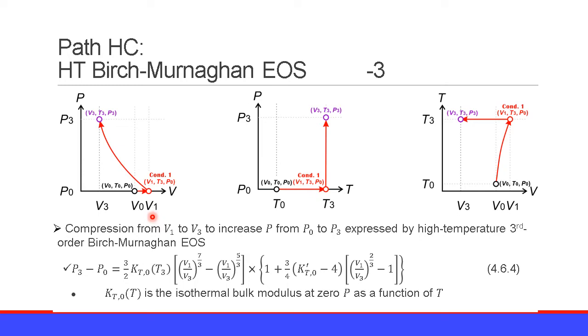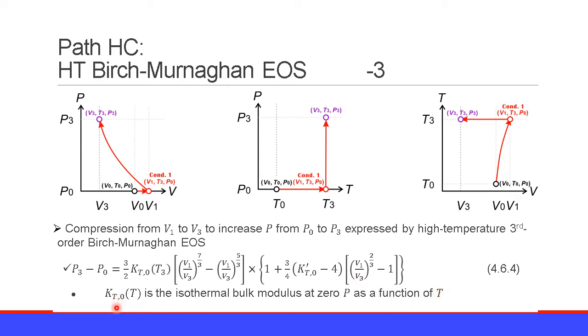V1 is volume at high temperature and ambient pressure, and V3 is volume at high pressure after compression at temperature T3, minus 5 over 3 power of V1 over V3, times 1 plus 3 over 4 times KT0 prime minus 4 times 2 over 3 power of V0 over V3 minus 1.